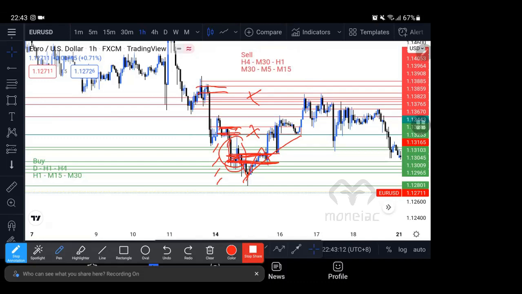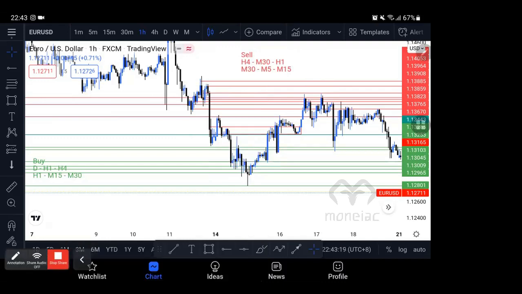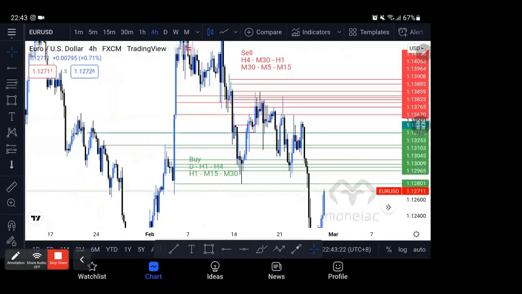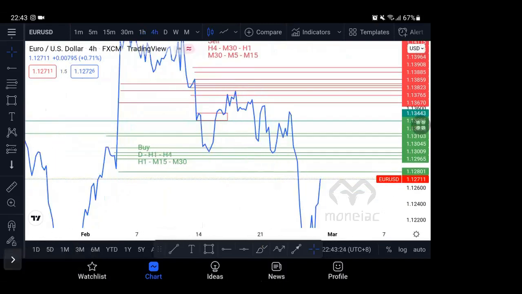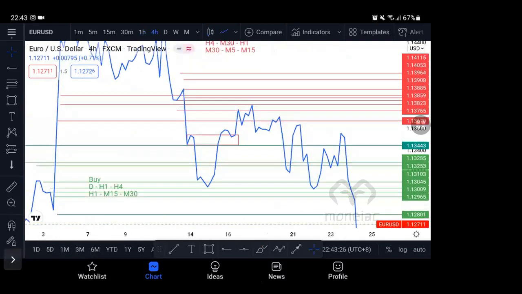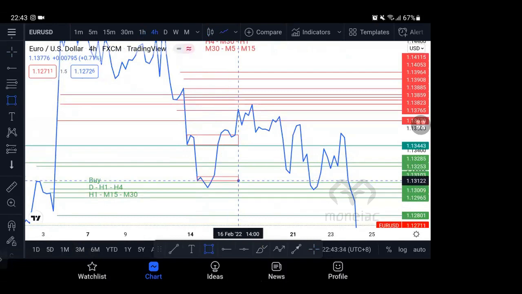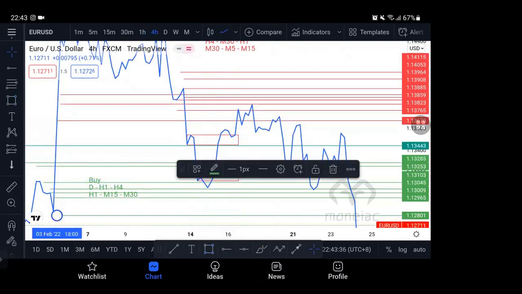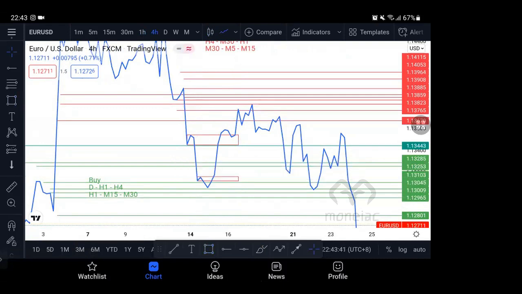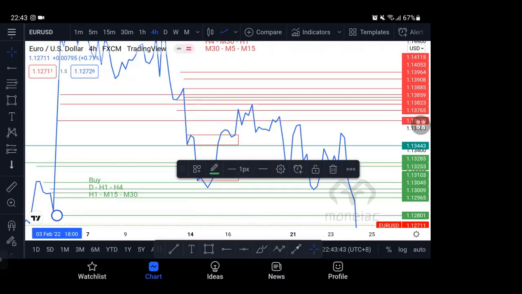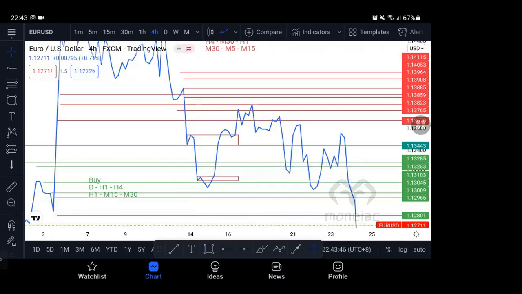Instead of needing the price to come over here to break, we just need to break over here, just has to break this one, and then we have a strong indication that the market can go further.